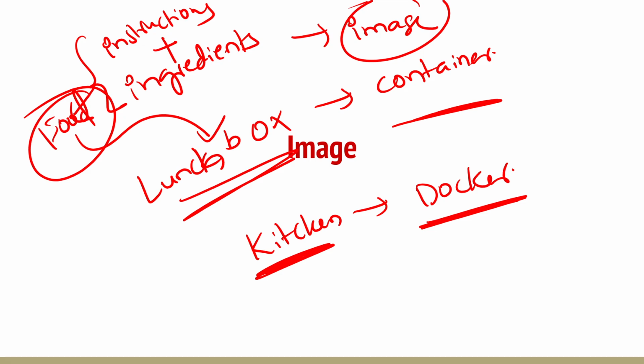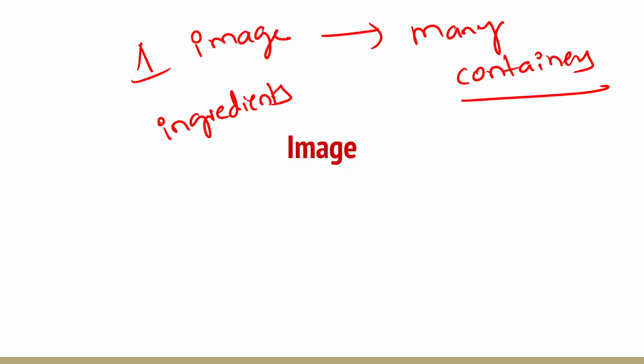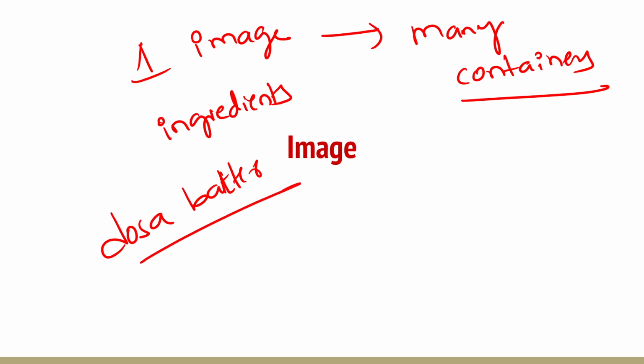In another simple way, this is a very important point: I have one image, which I told you is the ingredients. If I have one image, I can put this image in many different containers. Let's say I have dosa batter with me.